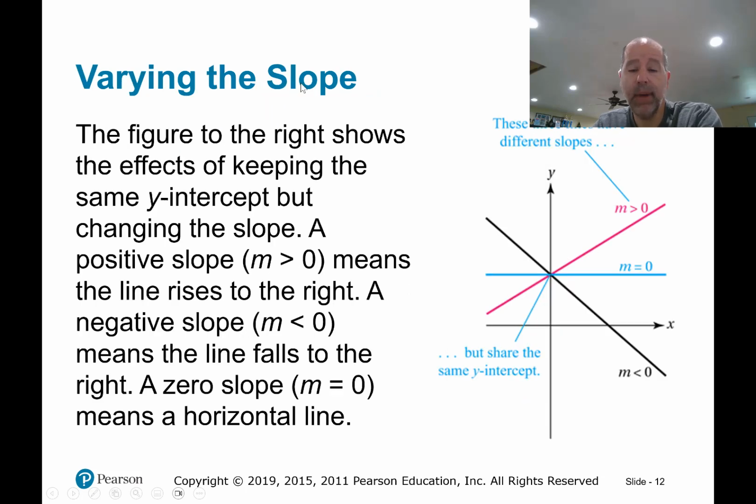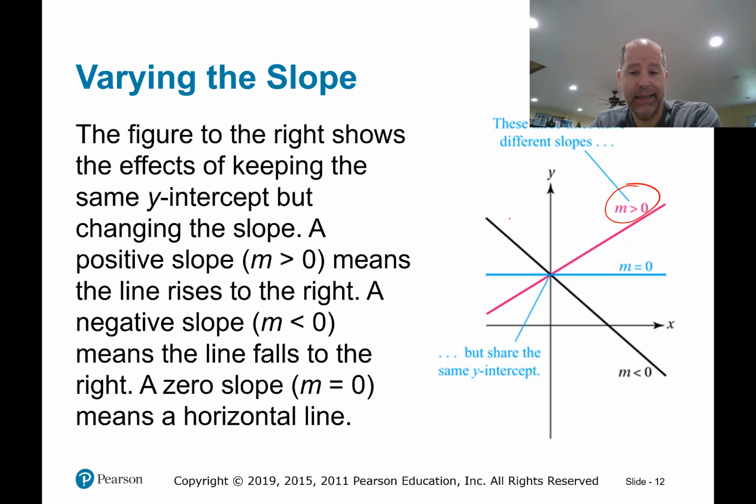Okay, now slope. Remember that we said before that the slope is related to the steepness of the line, the graph. So the larger the positive slope, the steeper it is going left to right, as you can see in this case here. But the slope can also be large negative.